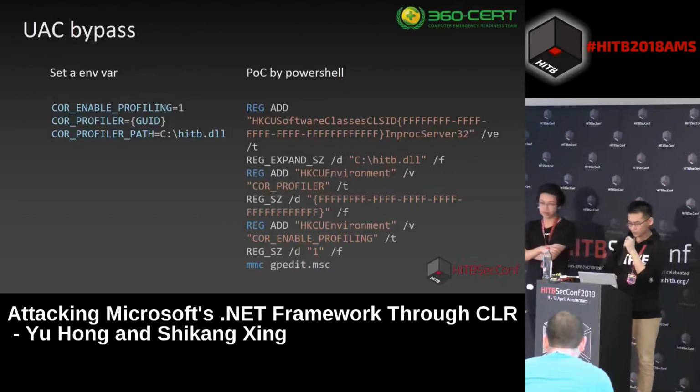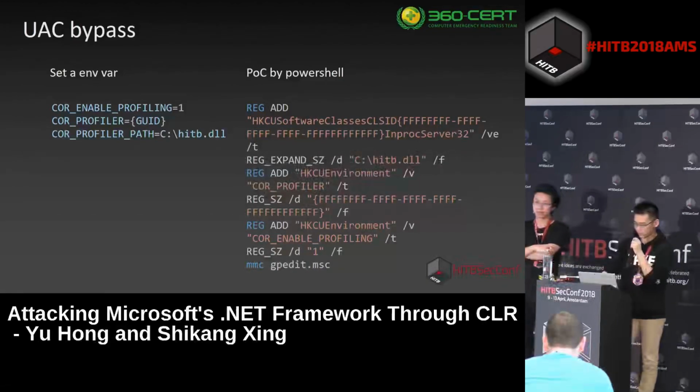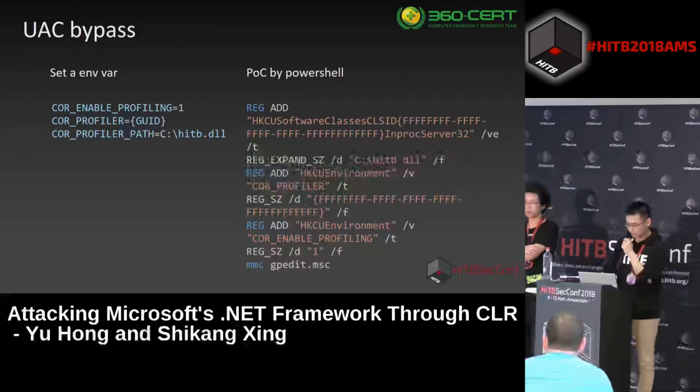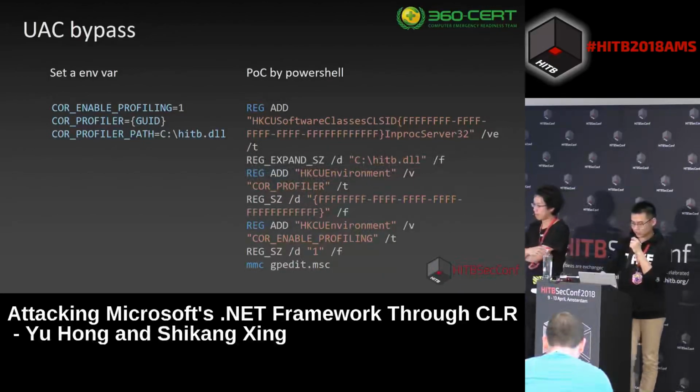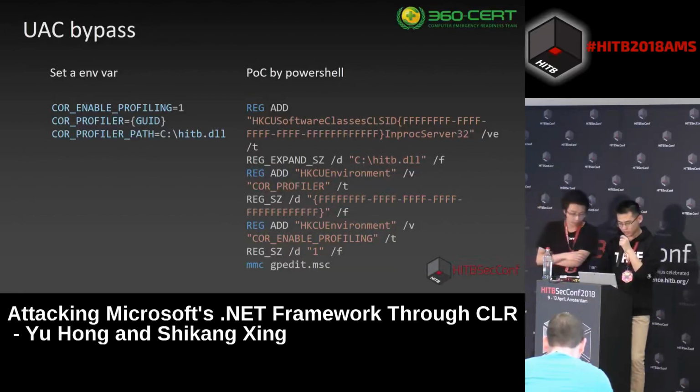Okay. In order to make a .NET application load our DLL, we need to set an environment variable. In a real attack, we just need to find an executable that is auto-elevated and use the .NET CLR to load our profiler DLL. MMC is great to be used as an example.